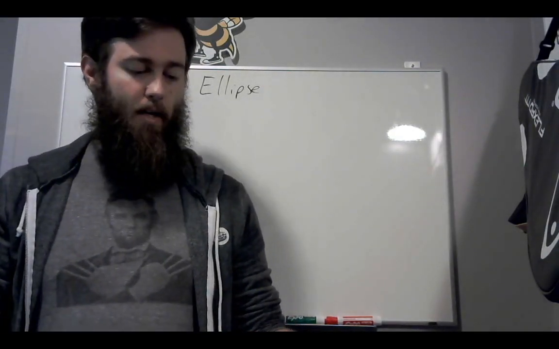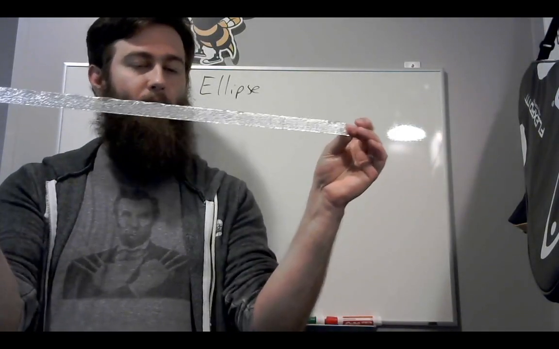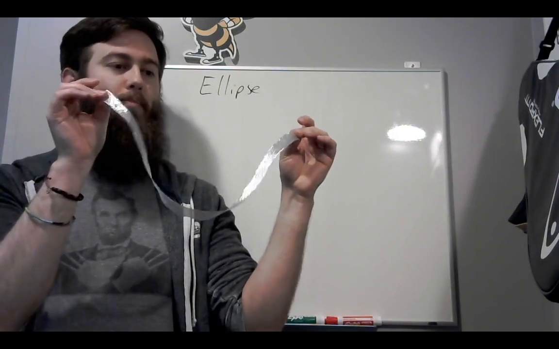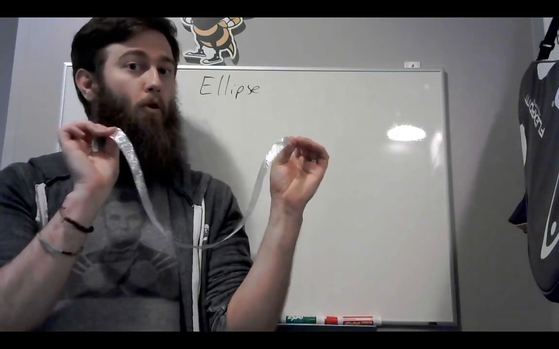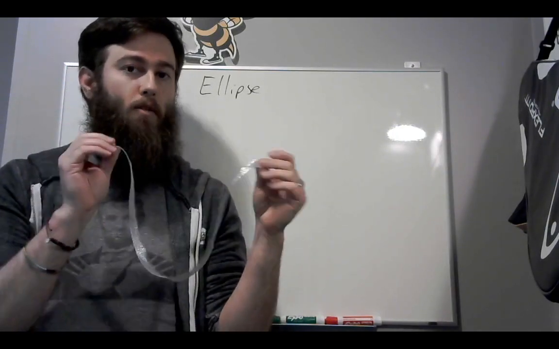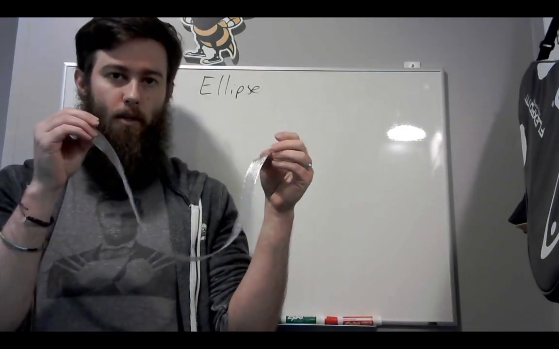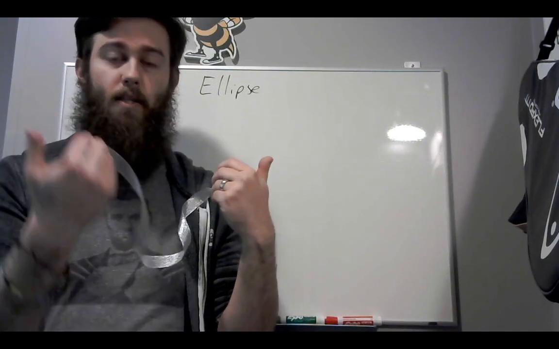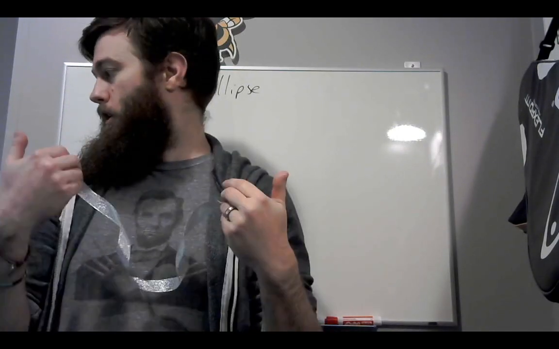What they mean by a constant sum is that if you have a single length of string and you tape the two ends at two focus points, because an ellipse has two focus points, you can draw an ellipse. So I'm going to demonstrate that and then talk about the different parts of the ellipse.